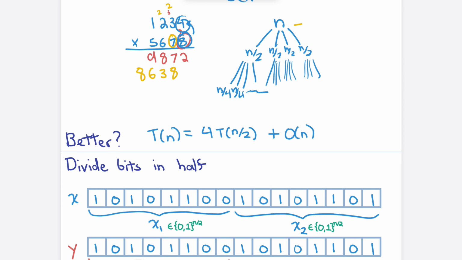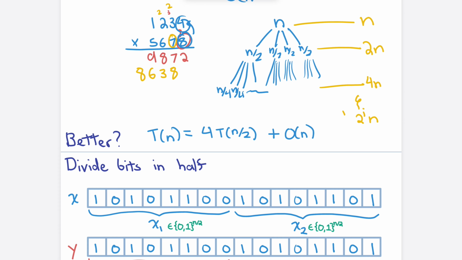Okay, so the top row, how much total work do we do excluding recursive calls? N. Okay, how about the second row? 2n, right? 4 times n over 2. And what about that third row? 4n, because that is 16 times n over 4. Yeah. And in general, if you were at row i, what would it be? You'll be looking at something like 2 to the i times n.